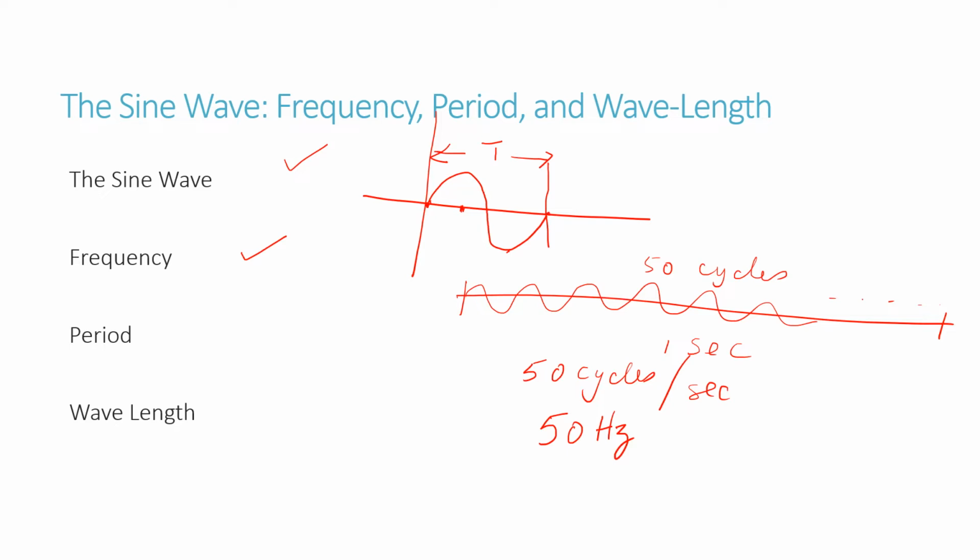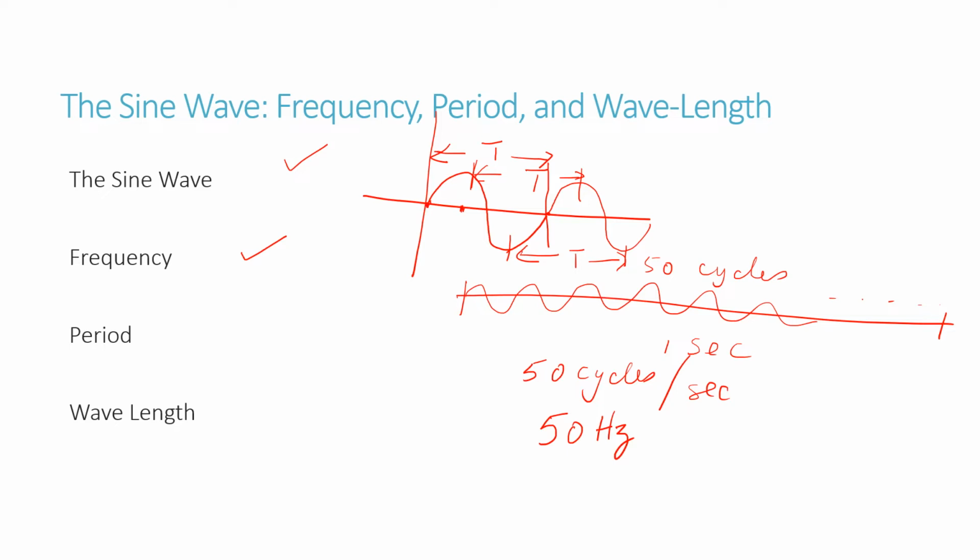Or if we had another waveform like that, you can measure the period between two peaks. That would also be the period. Or these two troughs here would also be a period. So once you take similar points, the time between those two similar points is called a period.